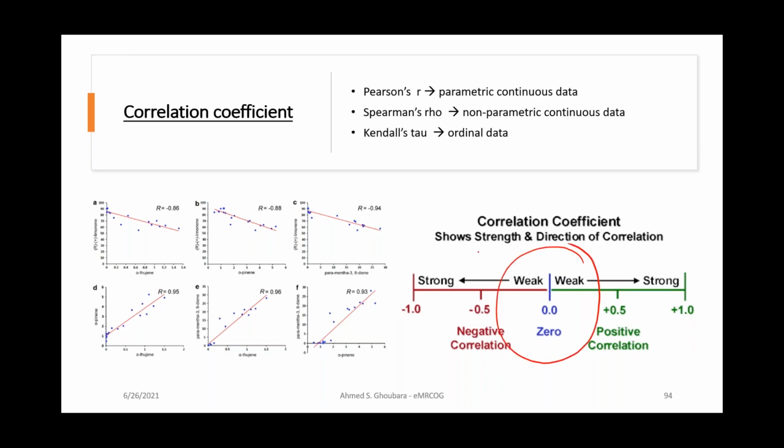If it is like 0.01, 0.009, or minus 0.01, that should be a weak correlation, weak negative or weak positive, depending on the sign. The further we get from 0, the stronger it gets.